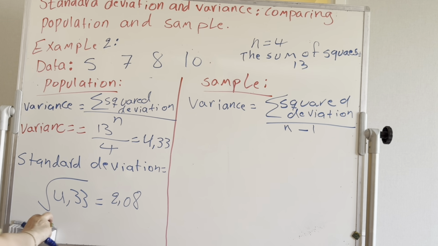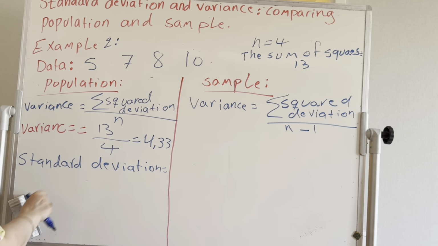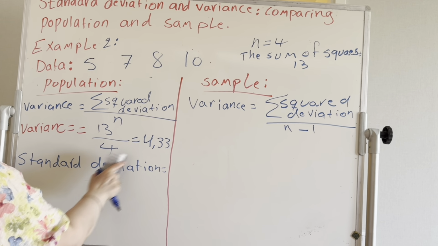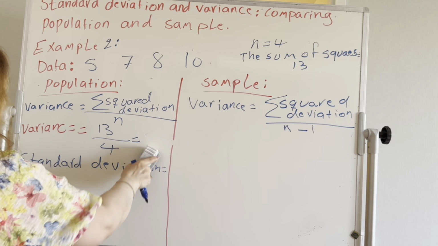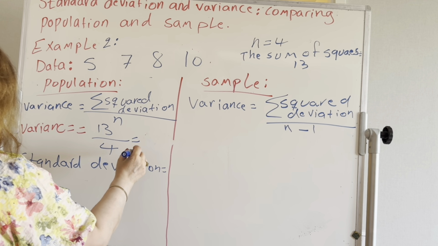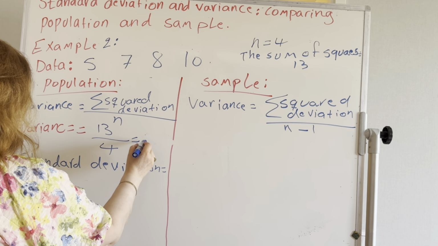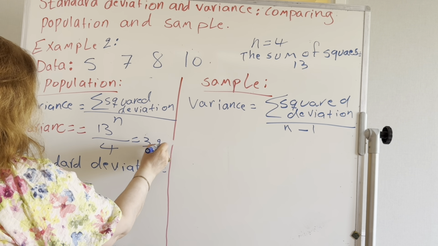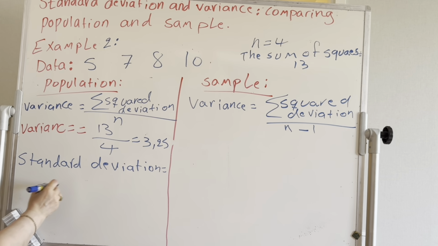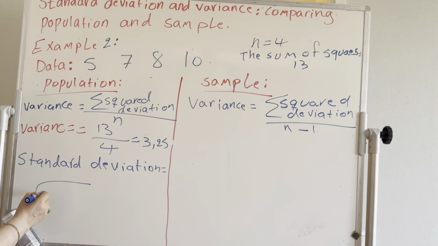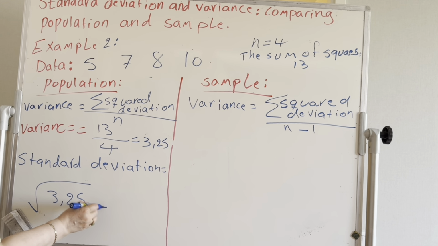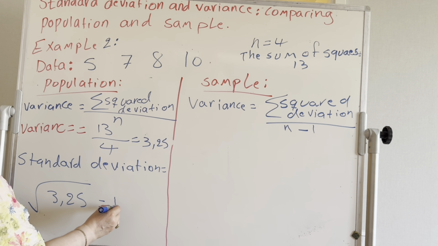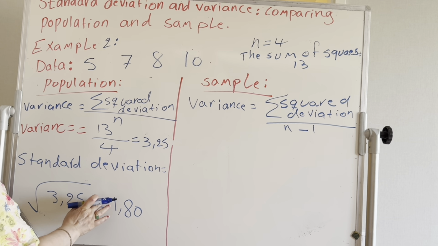This is for sample. Oh, I got it wrong here. Population variance is 3.25, and the square root of 3.25 for the standard deviation equals 1.80.